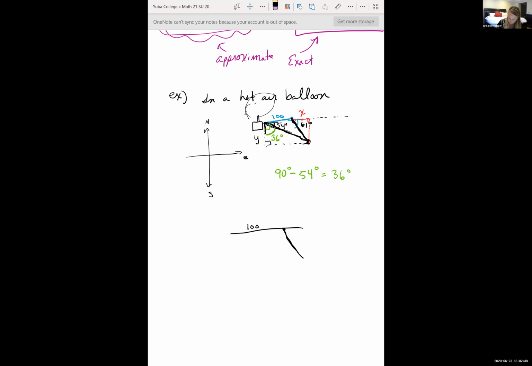Basically, we can form this as a rectangle. We called this X, we are calling this Y. We know that this angle in here is 36 degrees, this angle is 54 degrees, and this angle is 61 degrees. Anything else we know? We're trying to find out what Y is.